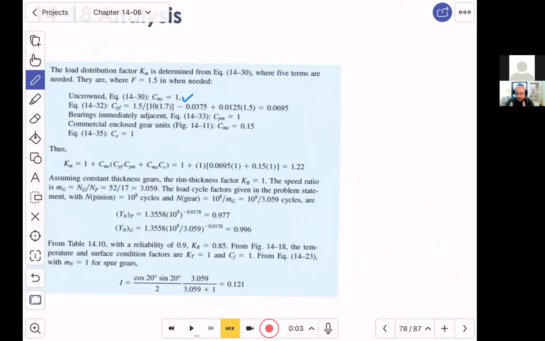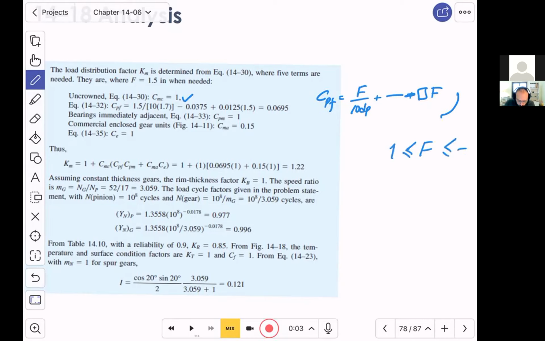And then we have another equation which says that CPF equals F divided by 10 dP, plus a constant, minus some constant multiplied by F. This is for the range when F is greater than 1 and less than something.